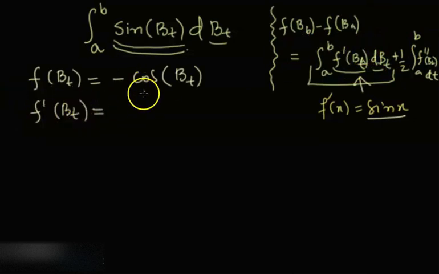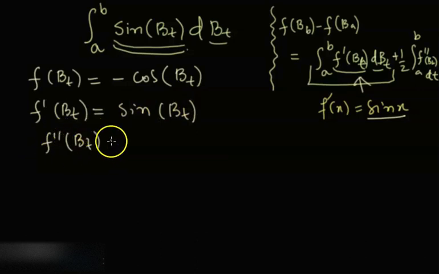So the first derivative is going to be, of course, sine B_t, and then the second derivative is again going to be cos B_t. Now we just substitute these values into this expression.